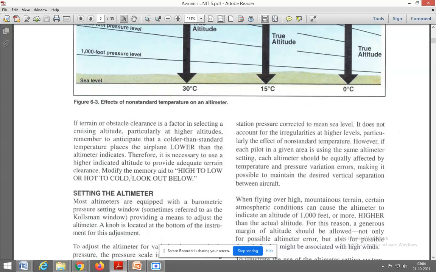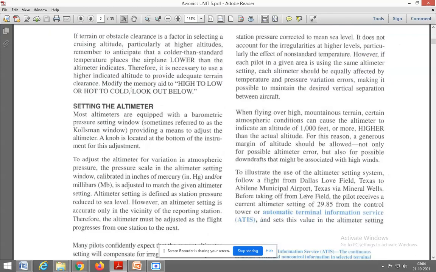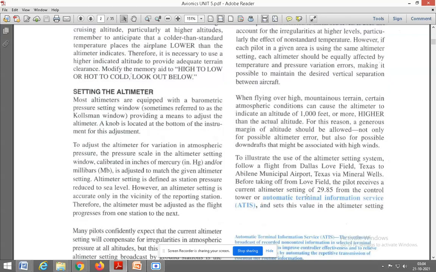There may be a possibility of getting an error value in the altimeter indicator. When flying over high, mountainous terrain, certain atmospheric conditions will cause the altimeter to indicate an altitude value of 1000 feet or more, which will be higher than your actual altitude value.